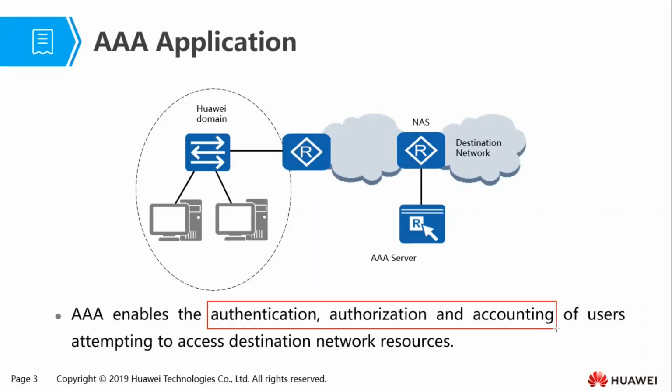Authorization determines what you can access. So after you've been authenticated, now what are you allowed to access? So for example, because I know you, you're my student, yes, you can come into my house, you can knock, I can identify you and let you in. But again, when you're in my house, you can only access maybe my bedroom and the washroom.